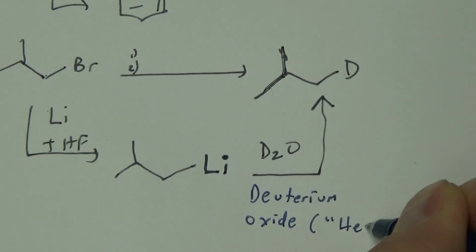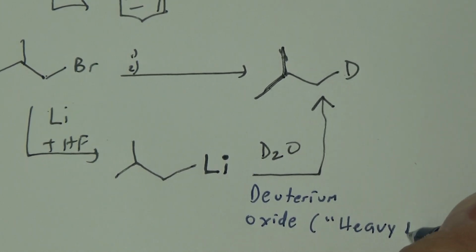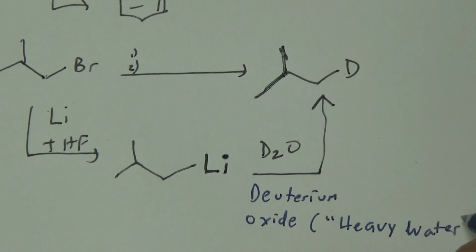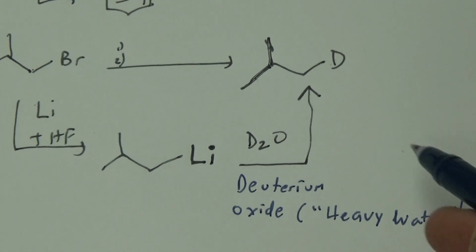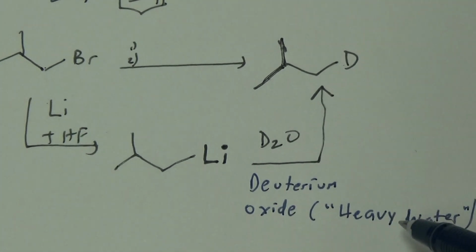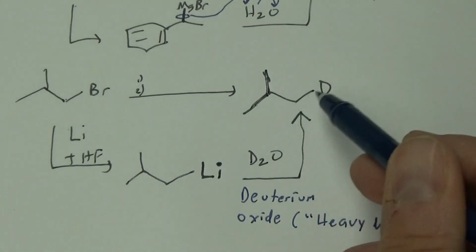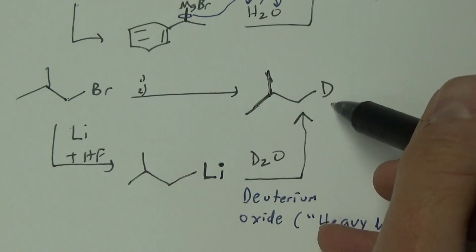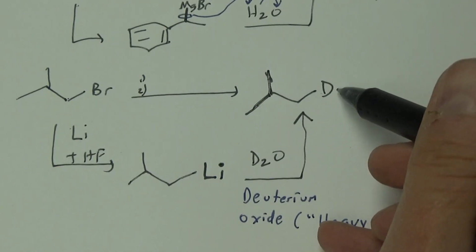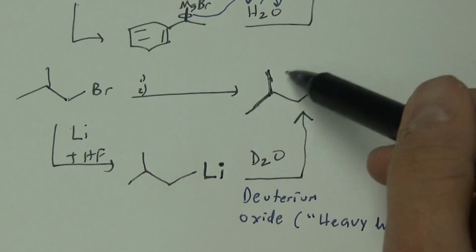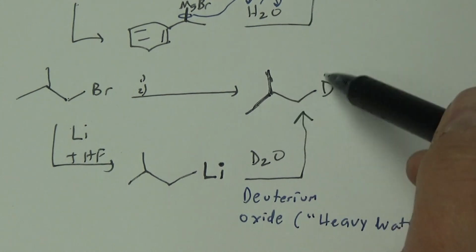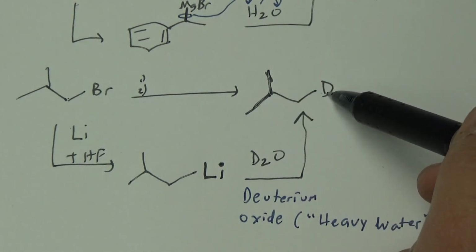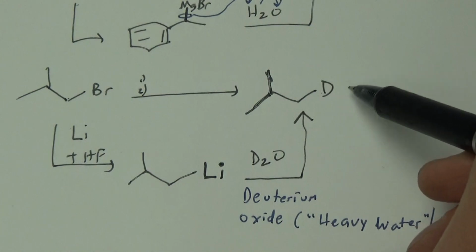It's just a variation of water that has an extra deuterium, extra neutron. And why would you ever make these type of things? It's because they're used in drug metabolism, and there are other studies where you actually need to change a molecule to identify it easier, and there are a lot of reasons for this.